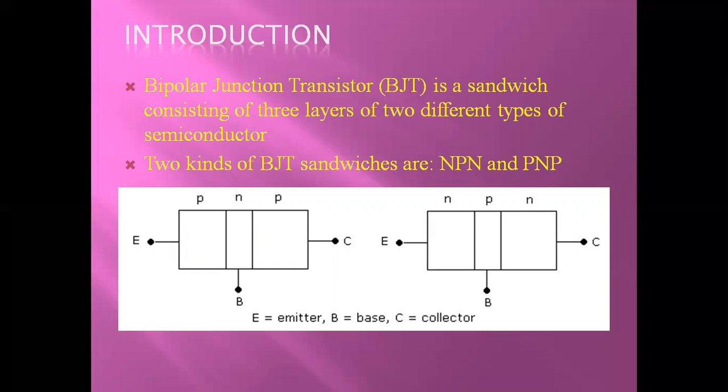Here the sandwiching of two PN diodes relates to a common terminal of N or P. Depending upon the holes and electrons, three different layers are formed based upon the connectivity.